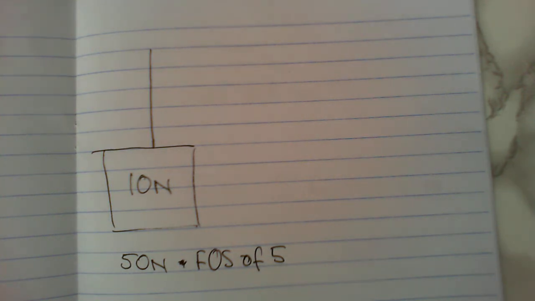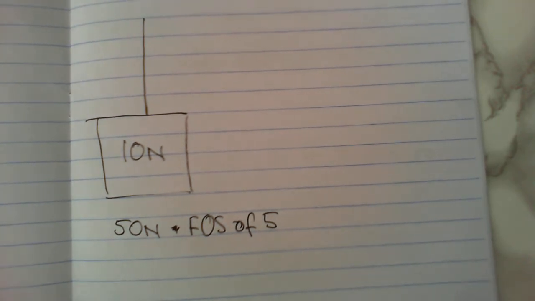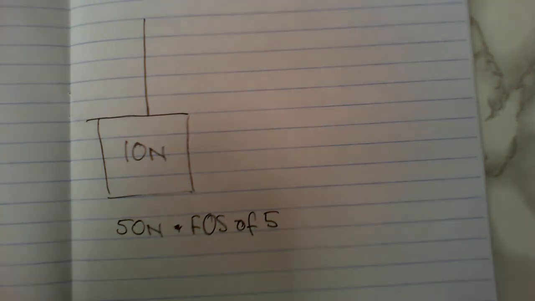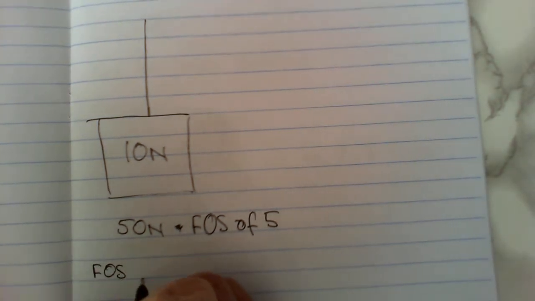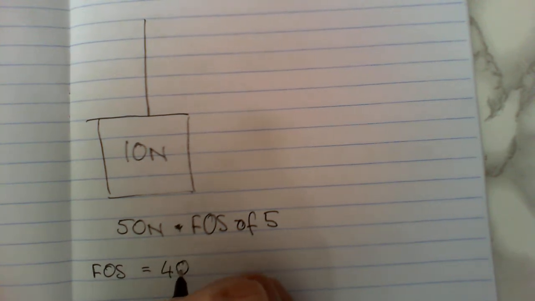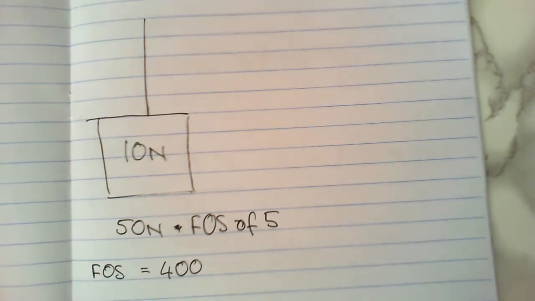Now in the exam it might ask you why a factor of safety is applied, and you could say something like, because if that breaks, it's going to cause a lot of damage, or it could injure someone. So a factor of safety of 5 is reasonable. But let's say it asks you the question, an engineer applies a factor of safety of, let's say, 400, and that was in one of the exams. The factor of safety was 400.